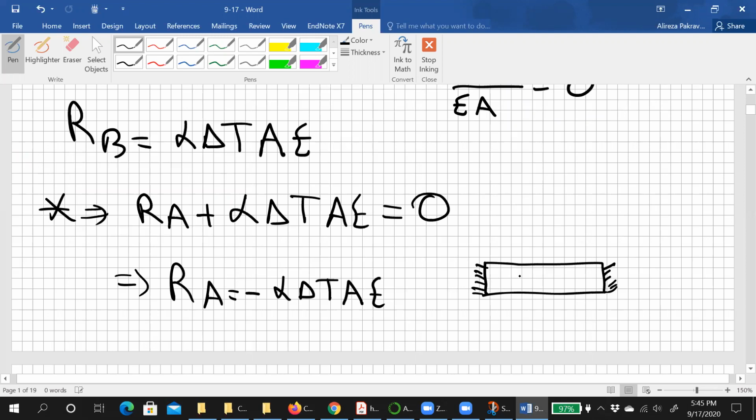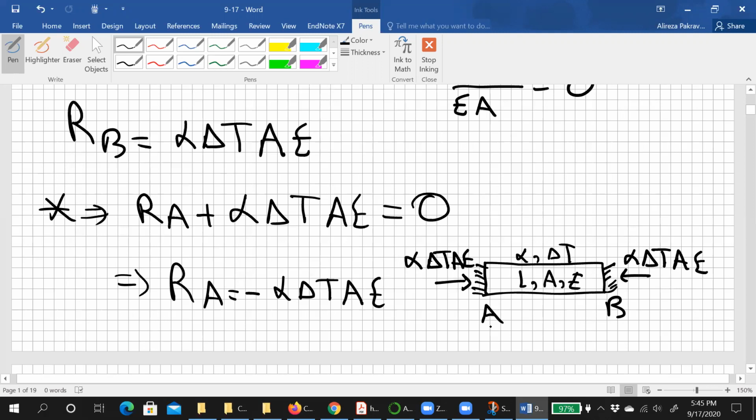If you have this bar of length L, under alpha delta T, it looks like this: alpha delta T A E at this support and alpha delta T A E at the other, RA and RB, this is A, this is B. Just make sure this A is the cross-section area, this A is just a point. It would be better maybe to show it with a capital letter and a little letter, but I forgot, okay?